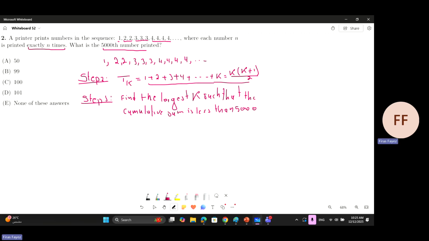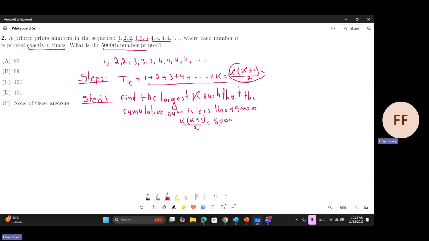The shorthand notation of the statement: a sum is less than 5,000. So this is the sum here, k times (k plus 1) over 2 is less than 5,000.